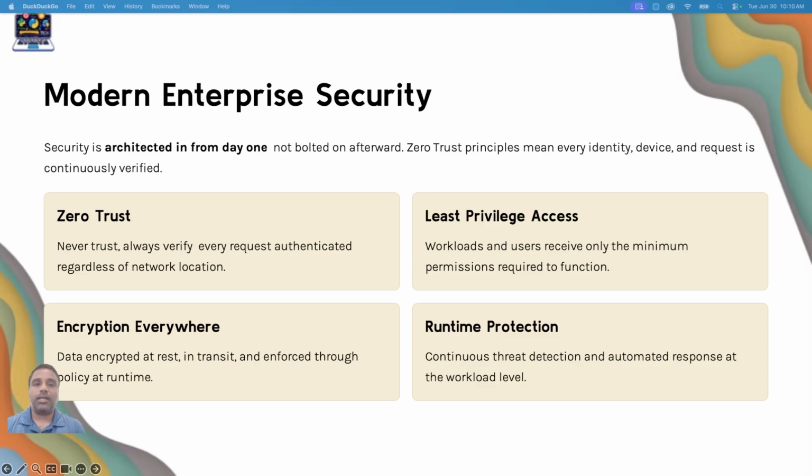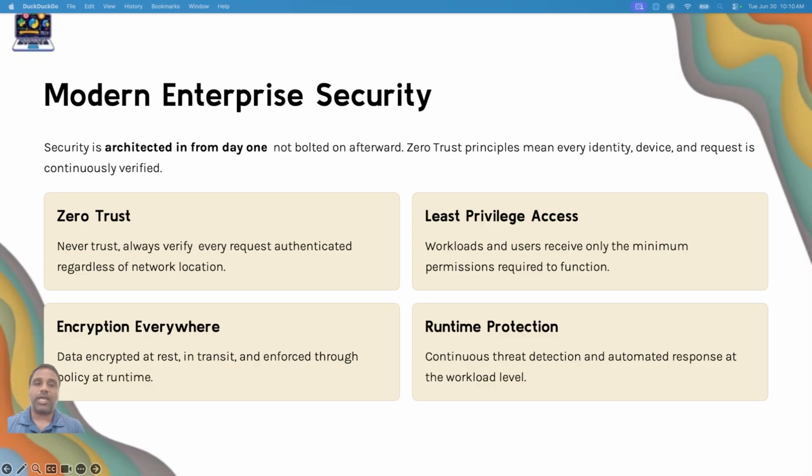It's architected in from day one, not bolted on afterwards. Zero trust: never trust, always verify. Every request is authenticated regardless of network isolation. Being inside the network does not make you trusted.